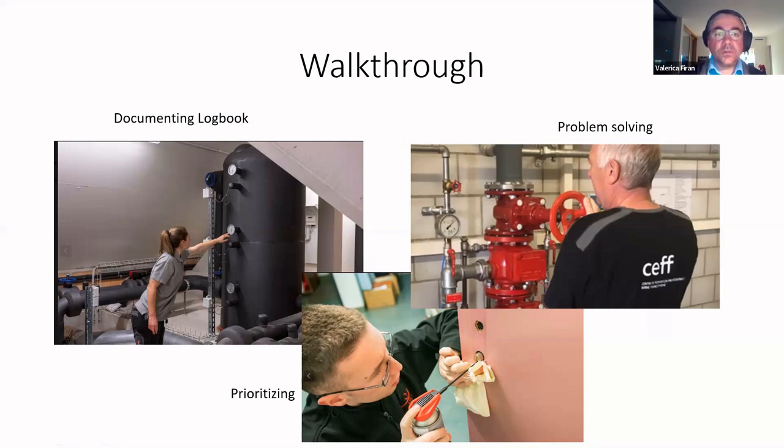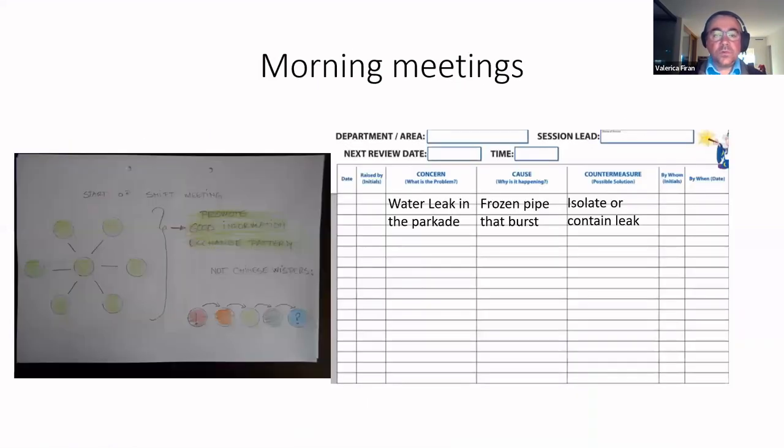Also, I wanted to add that the information gathered during these walkthroughs must be used to inform the others in the morning meetings. Normally, there is a morning meeting every day. Pardon me. And I would say that the morning meetings are actually the start of the improvement process.